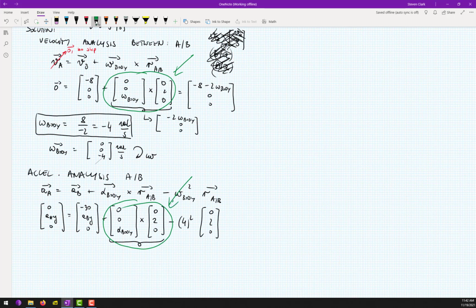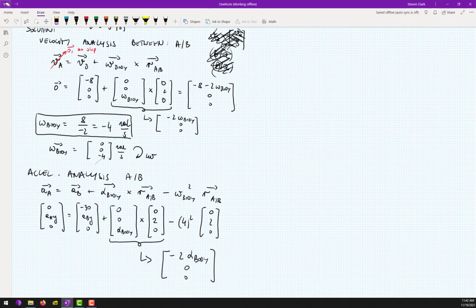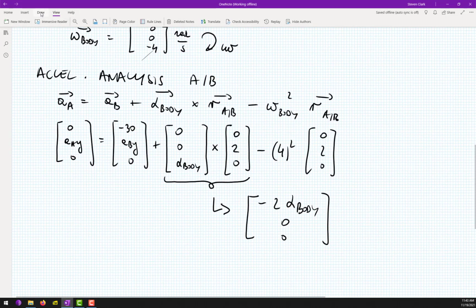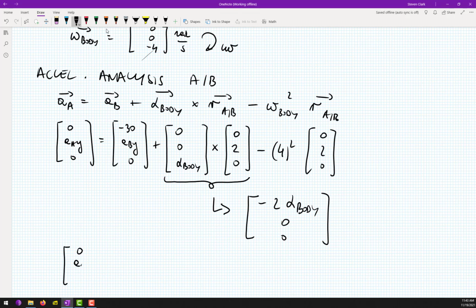So you can just calculate it once, because the answer for this one will be -2 alpha body, 0, 0. It will be exactly the same answer. Just replace omega with alpha. Was that clear? I told you that my goal is to help you, to make it easier. Okay, so let's put stuff together. Let's recap. In here we have 0, AAY.